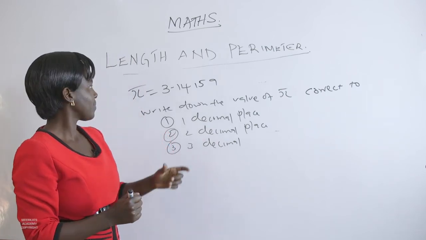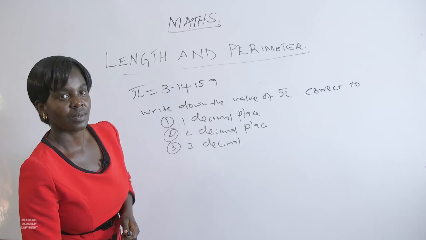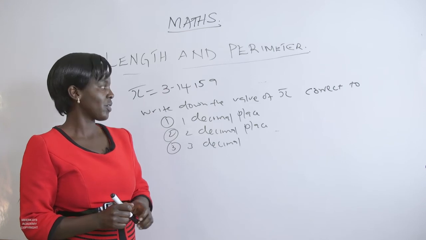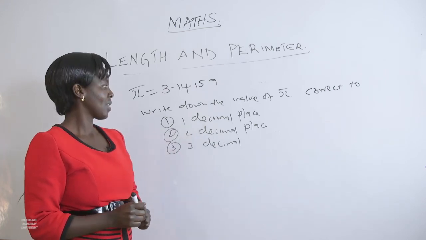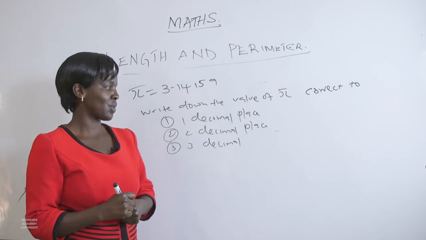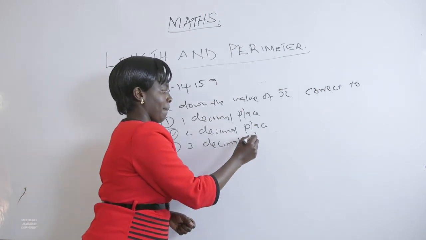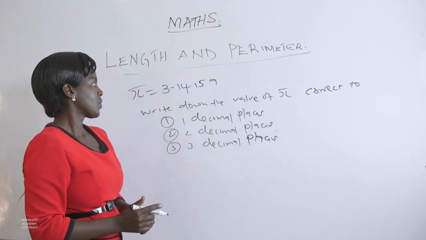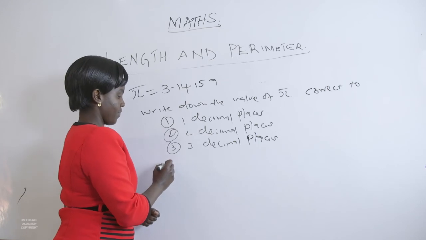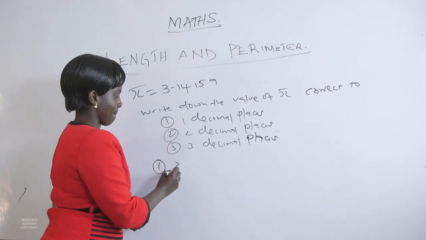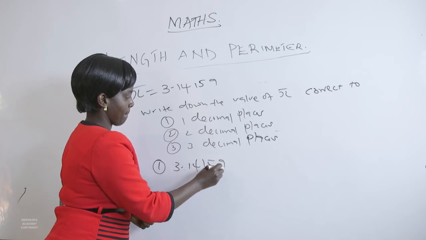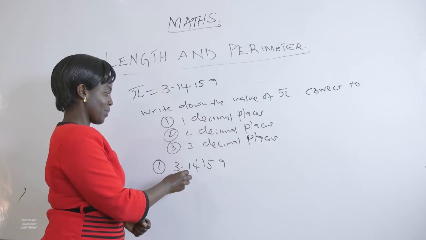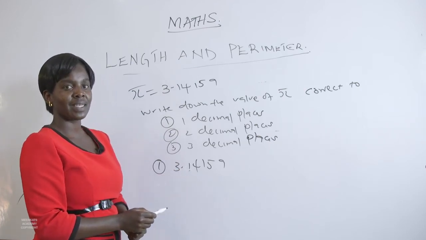Given the value of pi, 3.14159, you are asked to write down the value of pi correct to 1 decimal place, 2 decimal places, or 3 decimal places. So, rounding off, one decimal place means we are supposed to have only one value after the decimal.